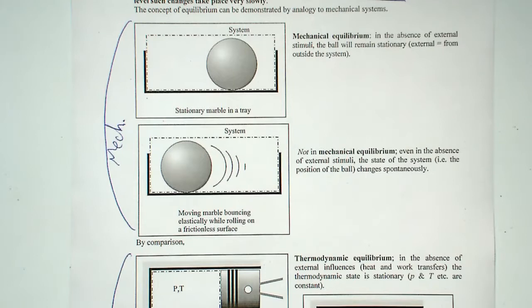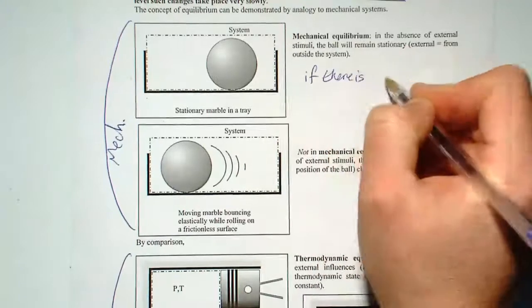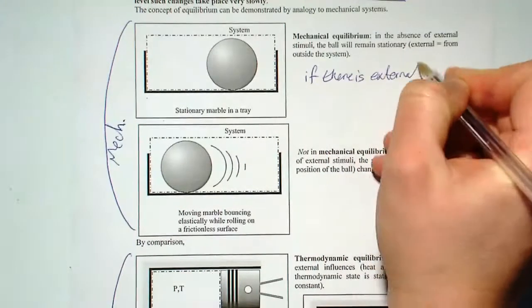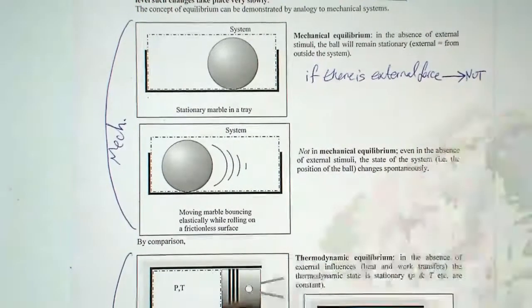In the definition of equilibrium, the role of the external forces is very important, and it defines whether you are in equilibrium or not. If you have external stimulation, which means you've got some sort of external force outside the system, then you definitely do not have equilibrium. So if there is an external force, you do not have equilibrium.